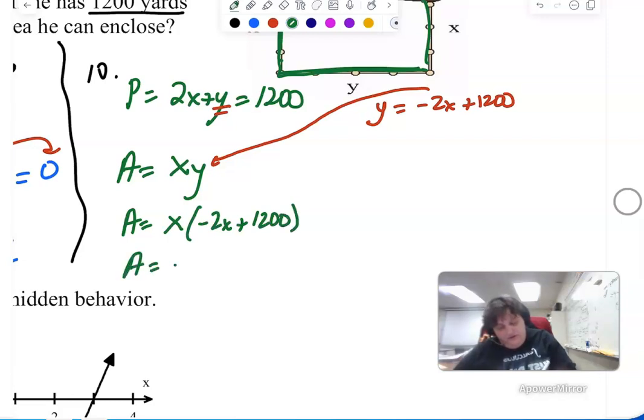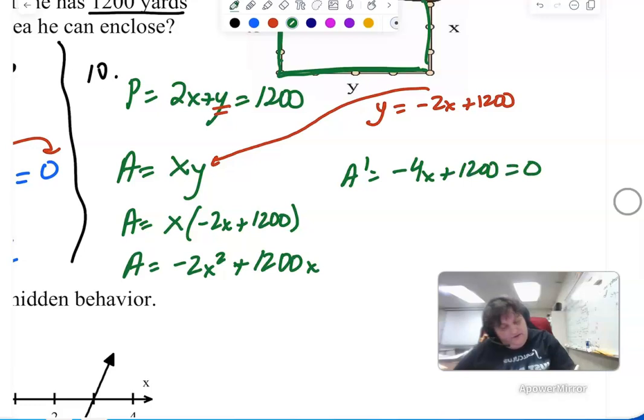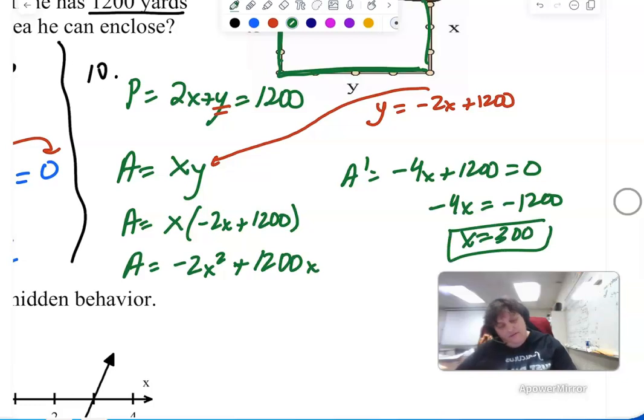I'll go ahead and distribute that. So it's going to be negative 2x squared plus 1,200x. So A prime is negative 4x plus 1,200. When I set that equal to 0, going too fast. Negative 1,200. X is 300. Okay.